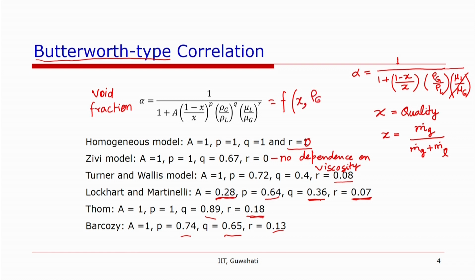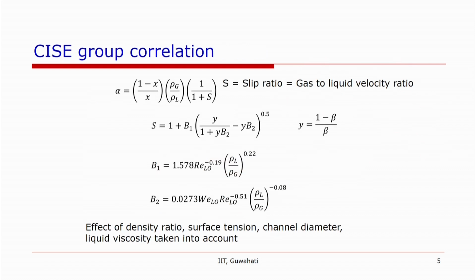the density ratio and viscosity ratio. You might notice that the density ratio will be of the order of 10 to the power minus 3 and viscosity ratio of the order of 10 to the power minus 2 or 10 to the power minus 1. So the third correlation is CISC group correlation.